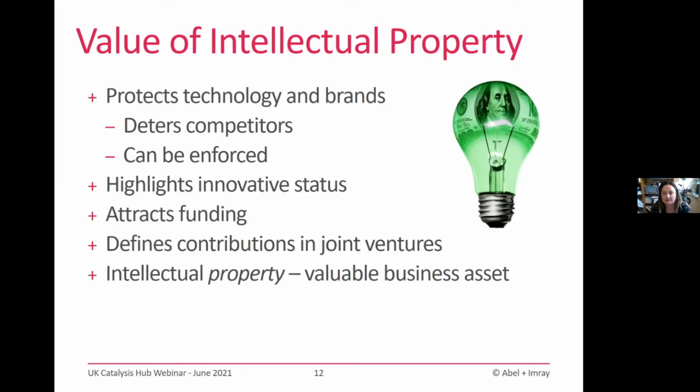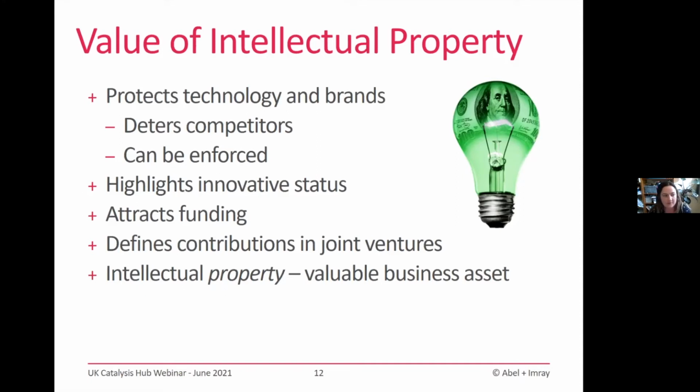So that means that these intellectual property rights can be enforced against competitors that are working in the same or very similar spaces, but also just having a strong patent or intellectual property portfolio can be enough to deter copyists in the first place. So hopefully you won't have to go as far as actually enforcing your rights against a competitor.